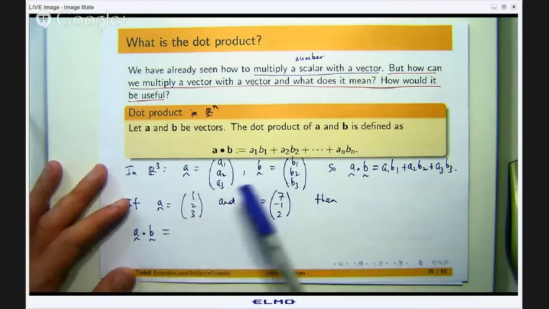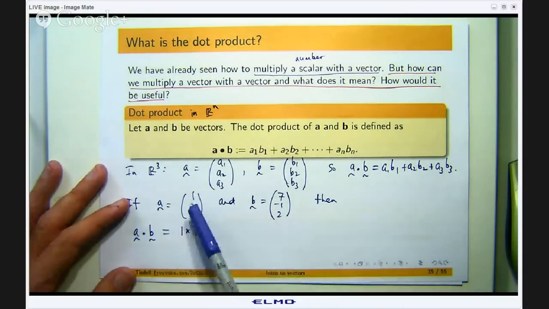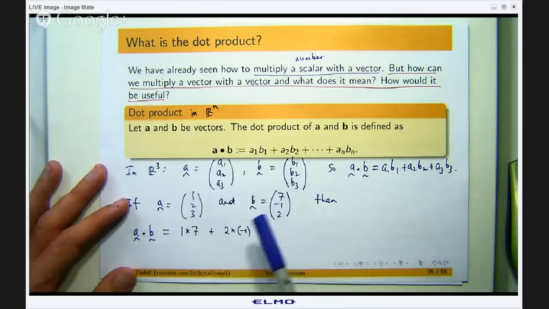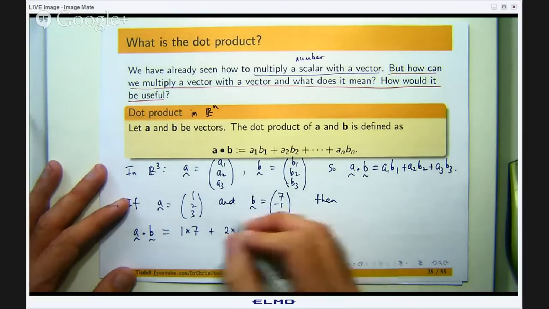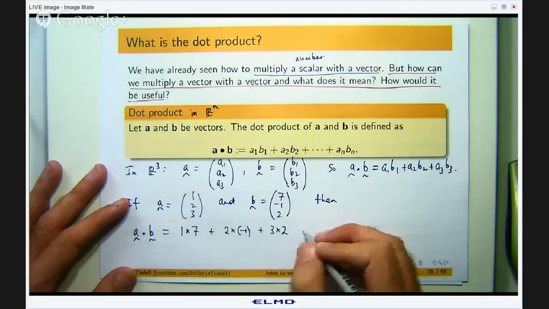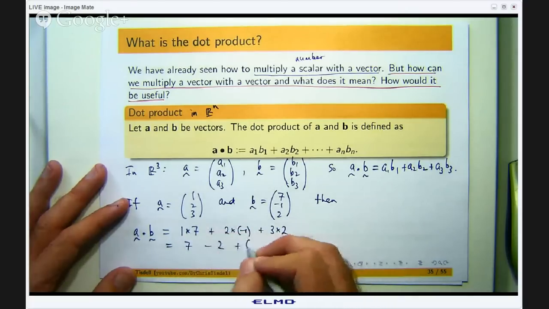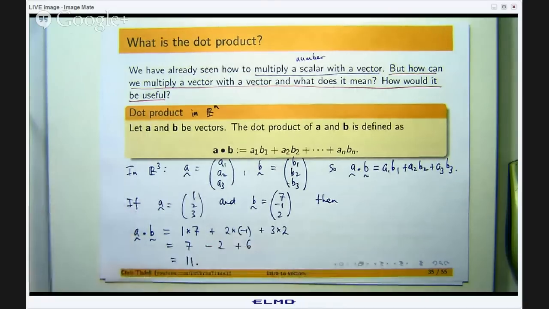So it's 1 times 7 plus 2 times negative 1 plus 3 times 2. So we've got 7 minus 2 plus 6, which is going to be 11. All right, so the dot product of these two vectors is 11.